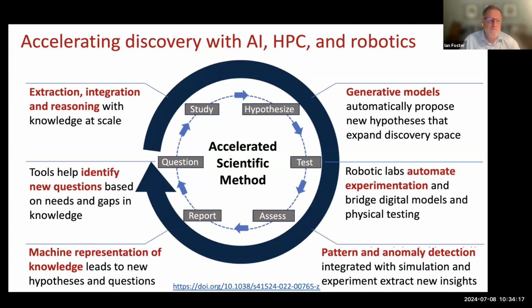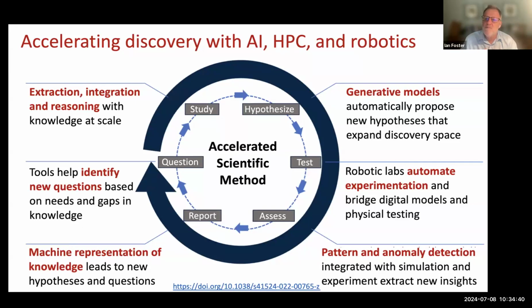So if we were to start at the upper left here, taking large bodies of scientific knowledge, for example, the scientific literature, and extracting, integrating and reasoning about that knowledge. That's something that we're able to do using foundation models, as we'll see later today.